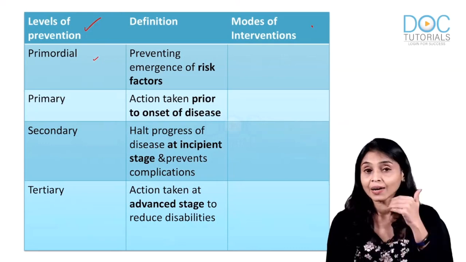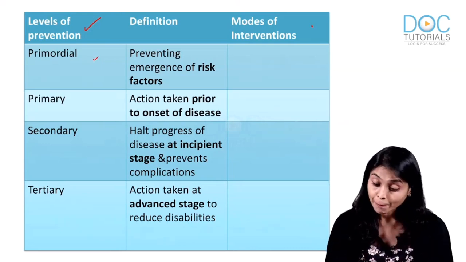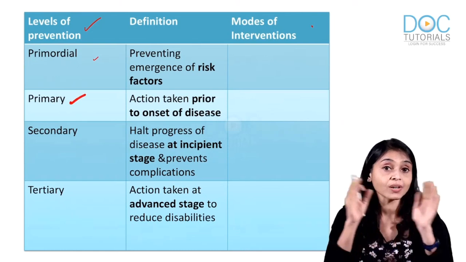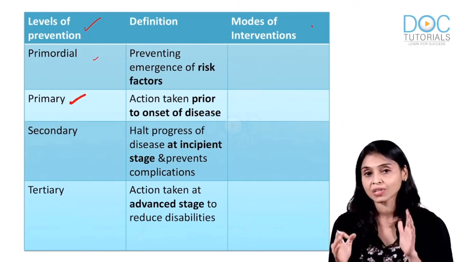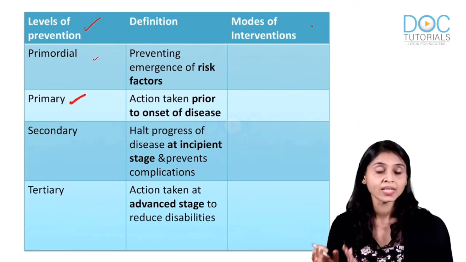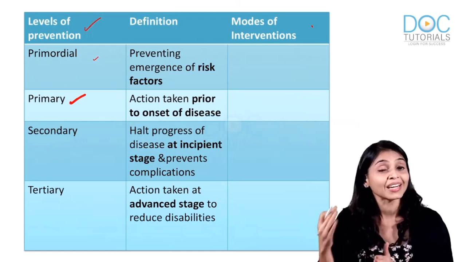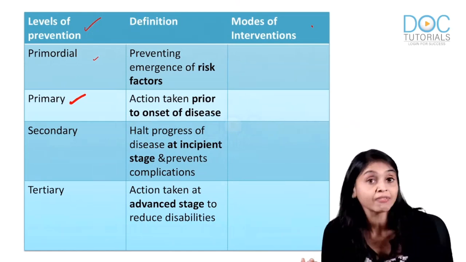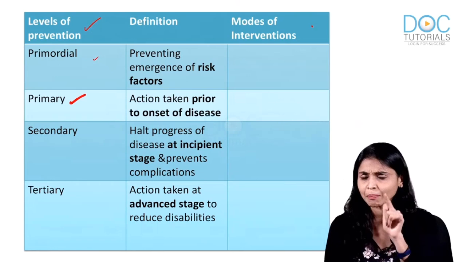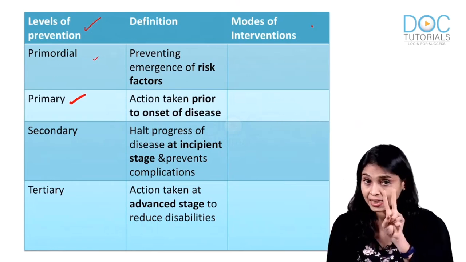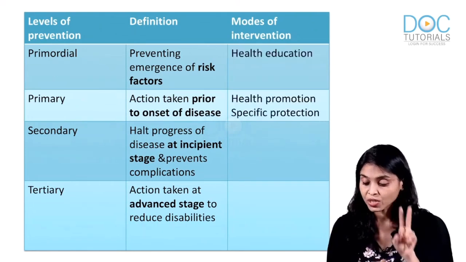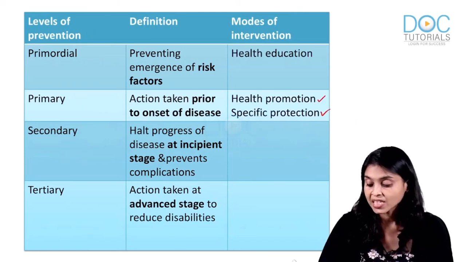And what I can do among you guys is primary prevention. I told you, yours is a population which has got a lot of risk factors, but luckily no disease yet. So I can somehow try to prevent the emergence of disease even though you have a lot of risk factors. So what are the modes of intervention that I can do there? There you can do two modes of intervention, which are health promotion and specific protection.